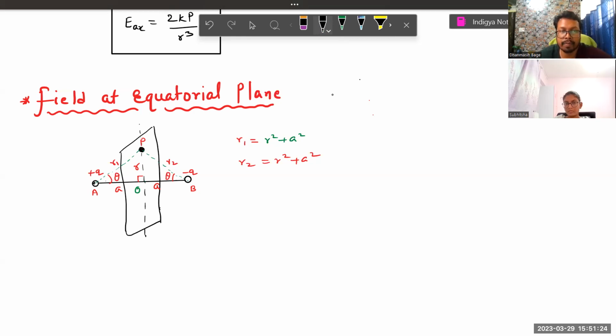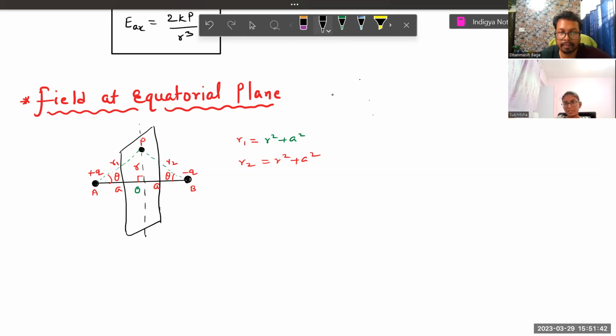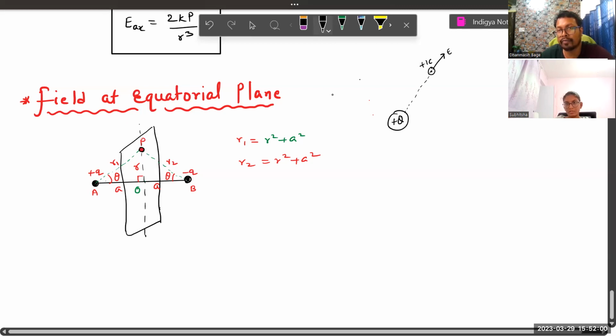Here is your plus Q, and this is the point at which you have to find the field due to plus Q. Very simple. If there is a plus Q charge and I ask you what is the field at this point, first you will join the point, right? And you will imagine a plus 1 coulomb of charge over there. Plus coulomb of charge will experience the force in this direction. That will be the direction of field.